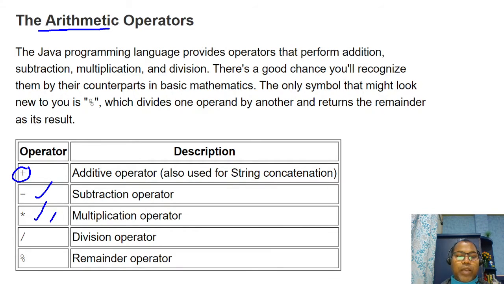In math we learned the x symbol, but this is not used in computer science, so we use the star as the multiplication operator.